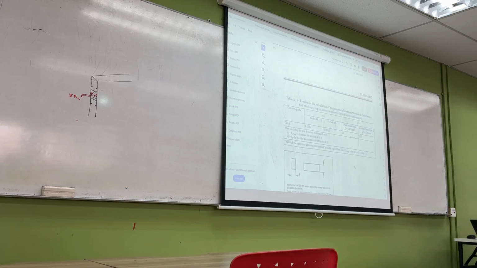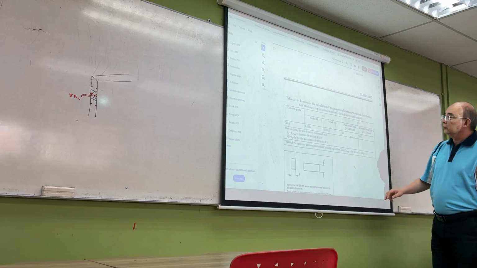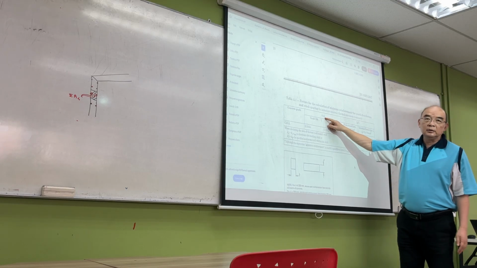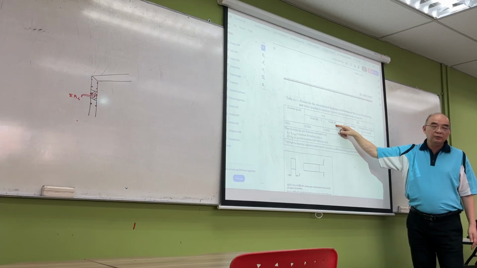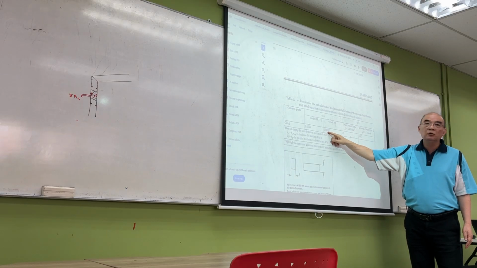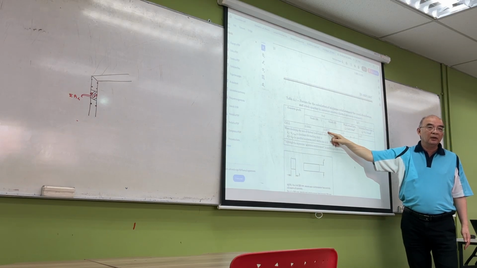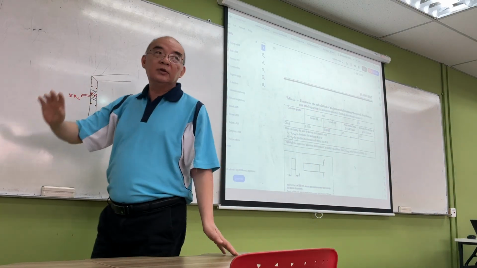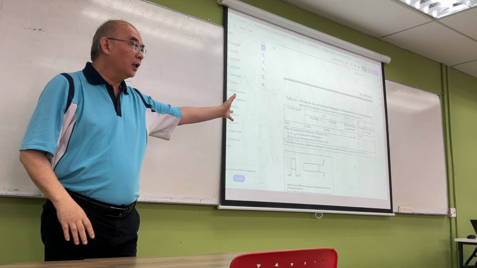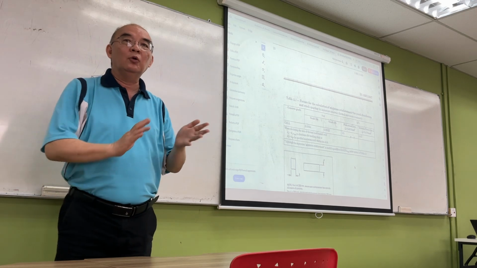If you look at the appendix here, this rho critical for grade 460 steel is 0.35%.